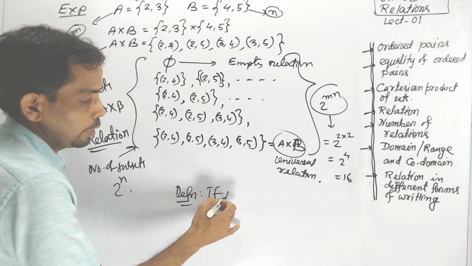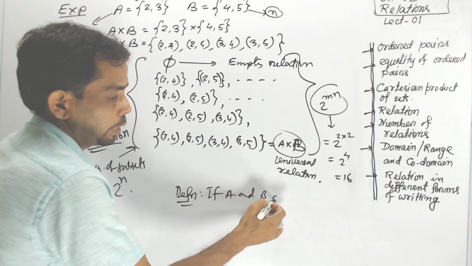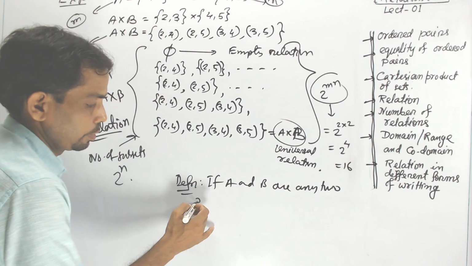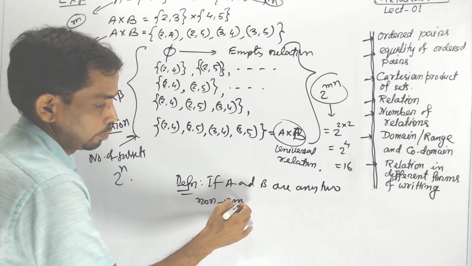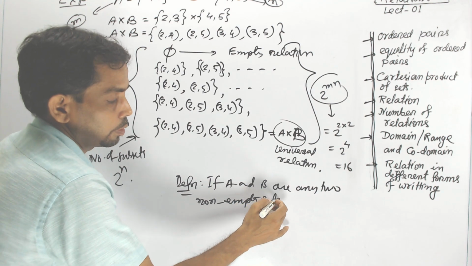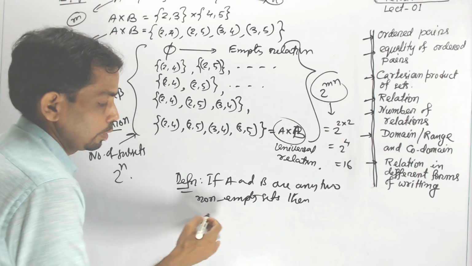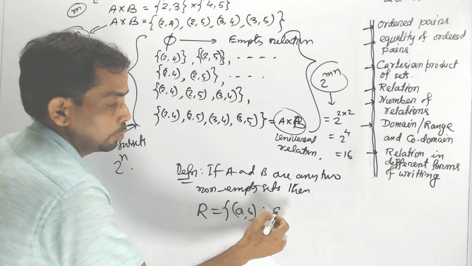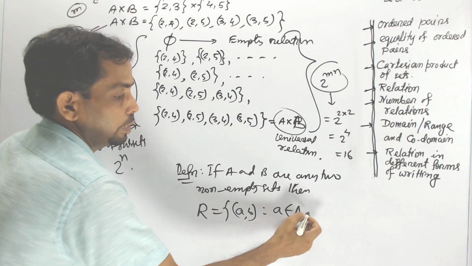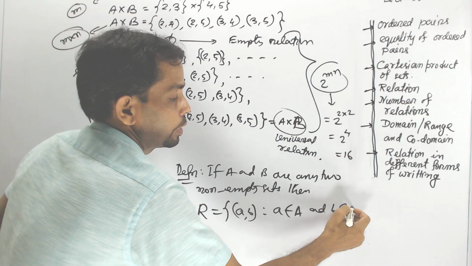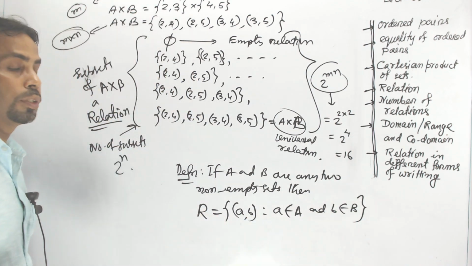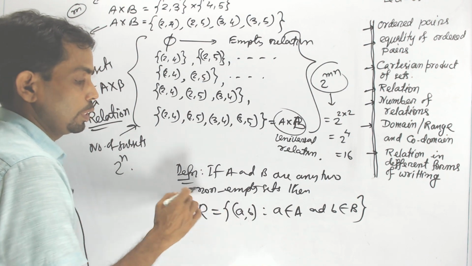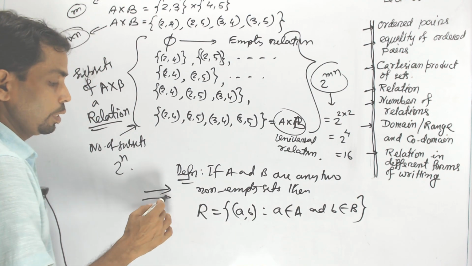If A and B are any two non-empty sets, then a set R given by the ordered pair (a, b) in which the first component is in the first set and the second component is in the second set is a relation. This is the definition of relation from set A to B.